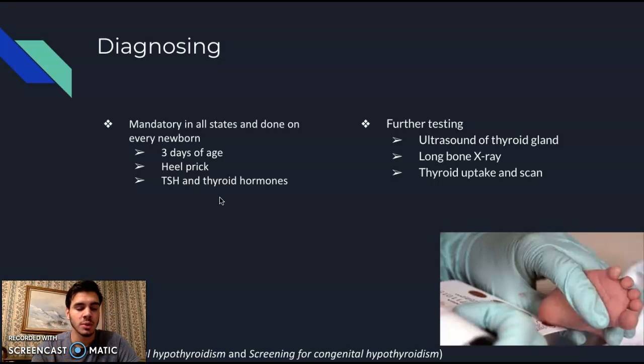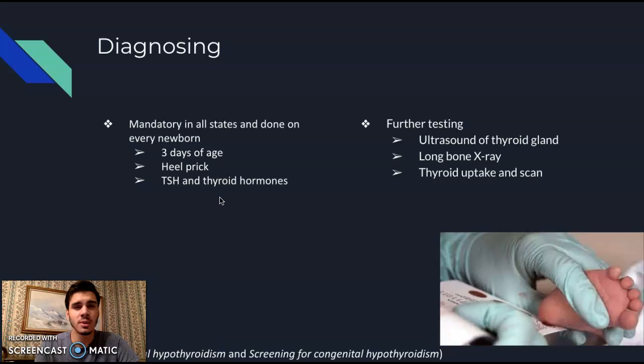There are 3 options there, and they may be done in conjunction with each other. One is an ultrasound of the thyroid, so having a probe held up to where the thyroid gland should be, and it will show the density of the tissue there and exactly how much of it is present. There is also a possibility of doing long bone x-rays.